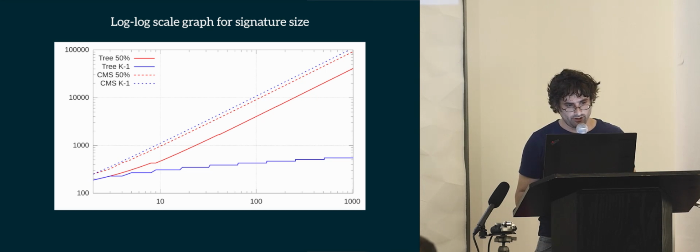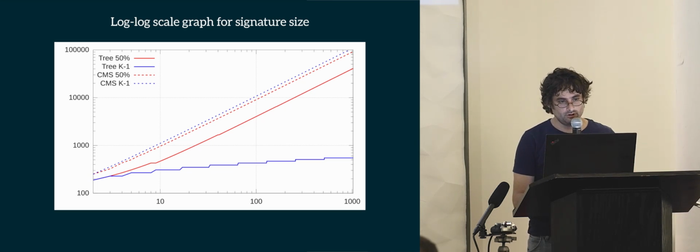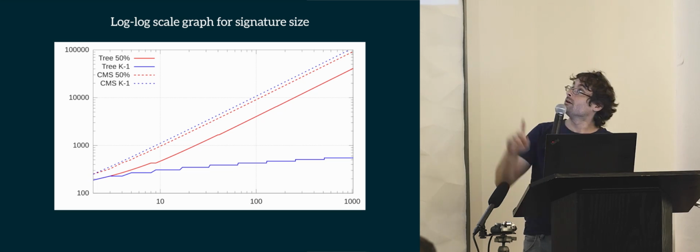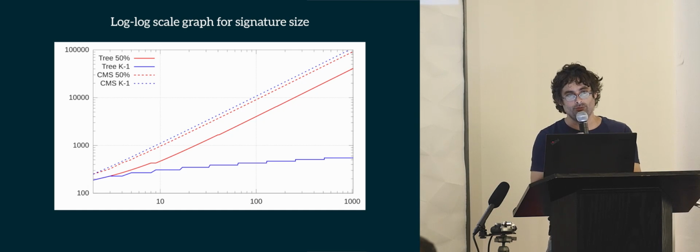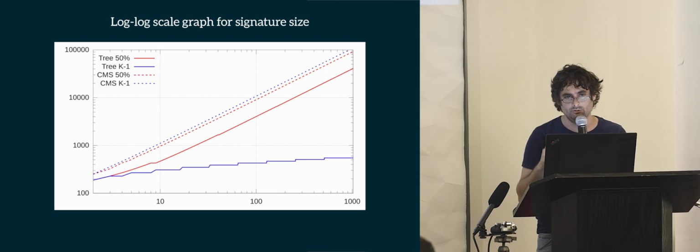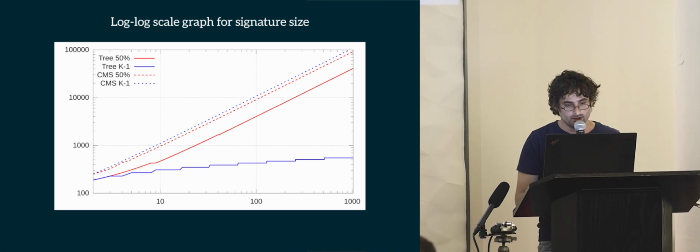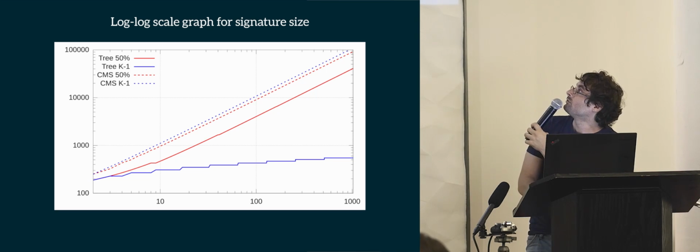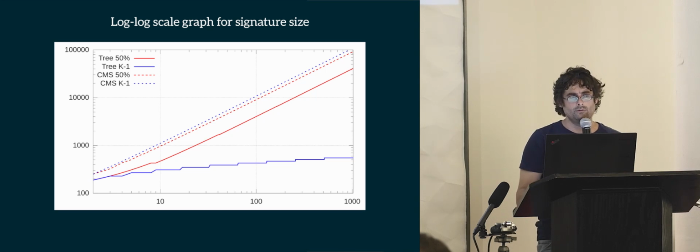I should also add that it's not entirely honest to say the full red line goes up there, because the signing time is exponentially related to the size of the signature, and the largest one up there to compute it will probably require more computation than the universe can do in a reasonable amount of time. So it only goes up to around a kilobyte to compare.